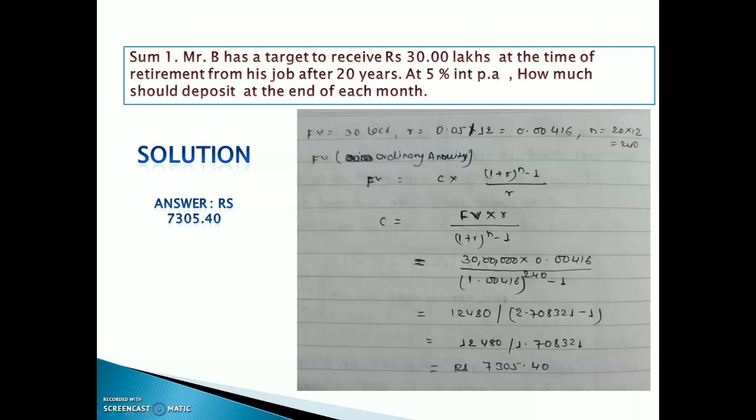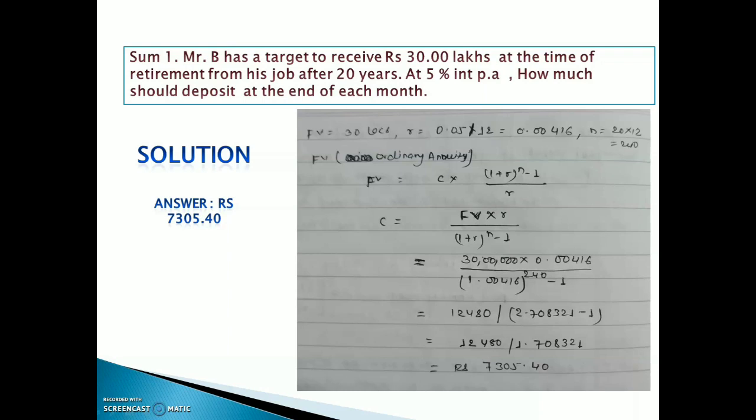Remember what we have studied: when the cash flow is at the end of the period, that is called ordinary annuity. So here the future value of ordinary annuity formula will apply.